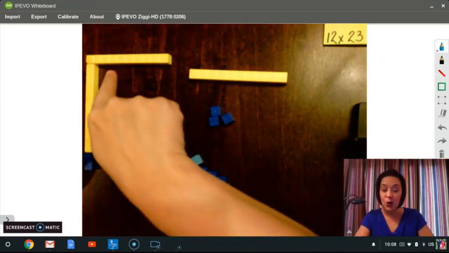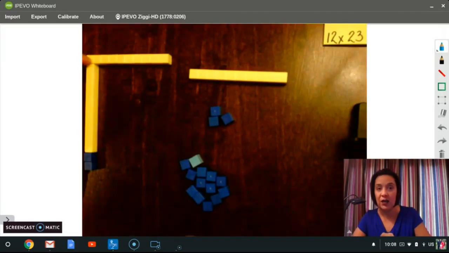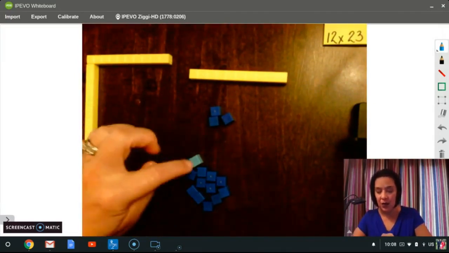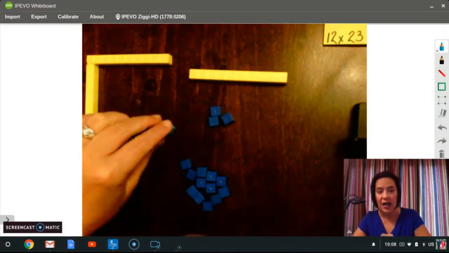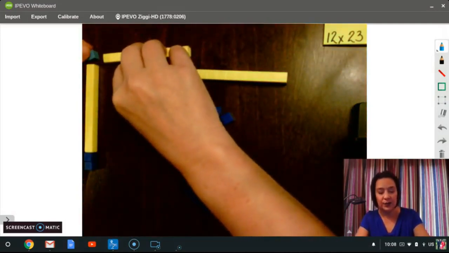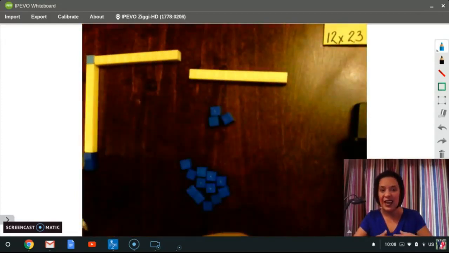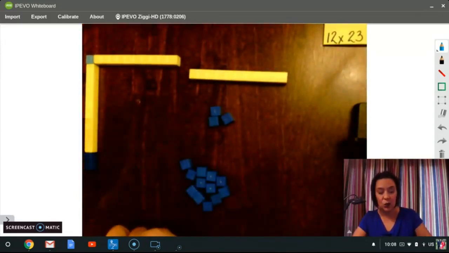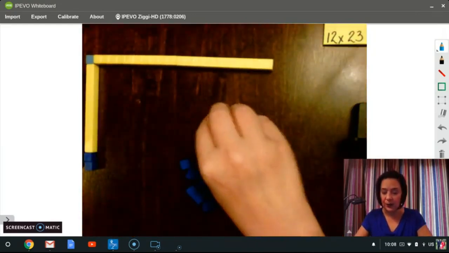If you do that, you no longer will have 23 across the top because you have cut off a single unit here. So a lot of times, I have this little unit cube in a different color, and I like to put a placeholder in here when I'm building, just so that students and I can see that I have 12 units and I'm going to build 23 units right here.